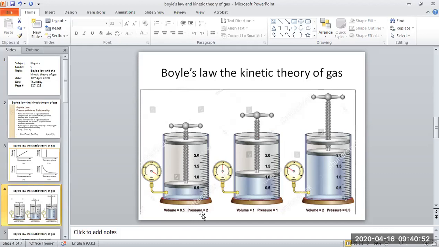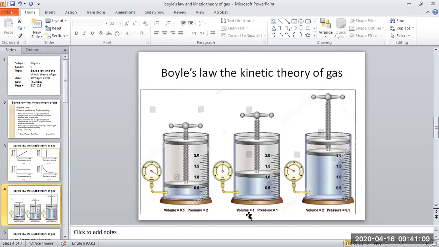In this picture you can see the volume is 0.5 and the pressure is 2. When we double the volume from 0.5 to 1, at the same time the pressure becomes half. The pressure here is 2 Pascal, and here the pressure becomes 1 Pascal.